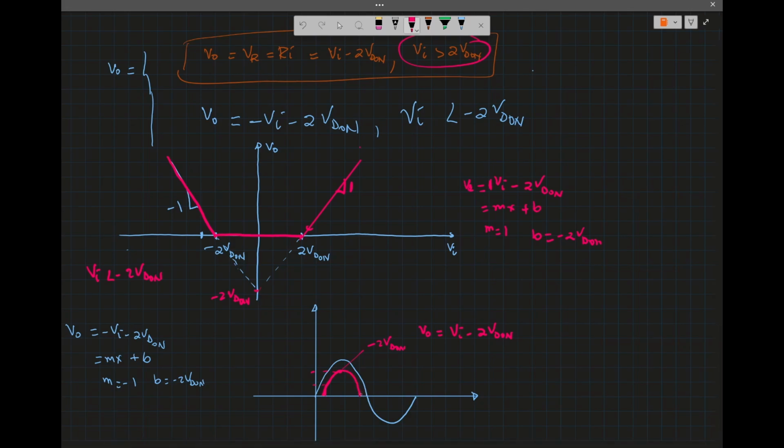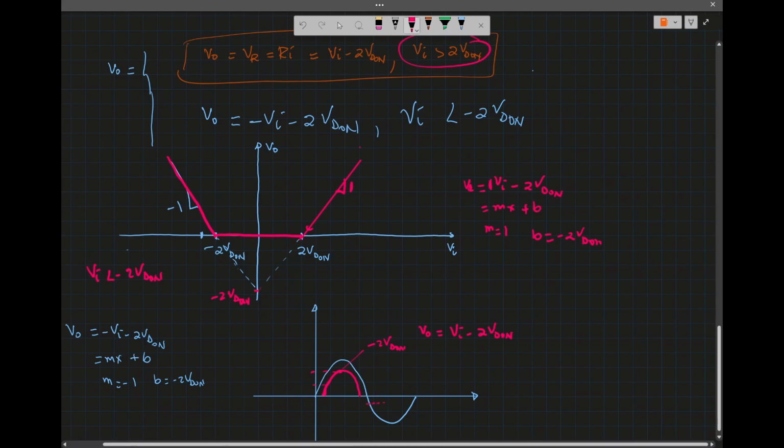Okay, so now for the second case, we have Vi less than minus 2 VD on, right? So this is minus 2 VD on.